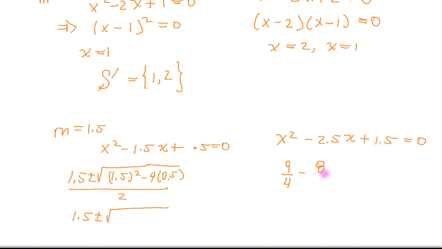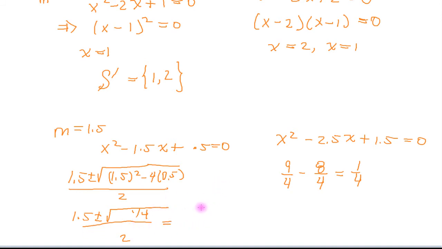So this is 8/4, which gives 1/4. Okay, so this is 1/4 over 2. As you can see, I don't believe in calculators. I usually like to do all the calculations by hand.